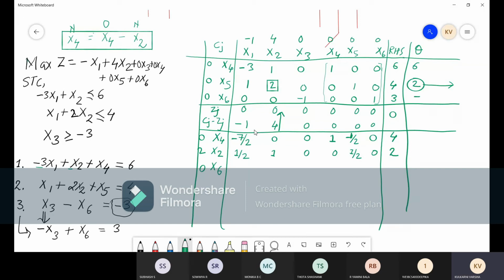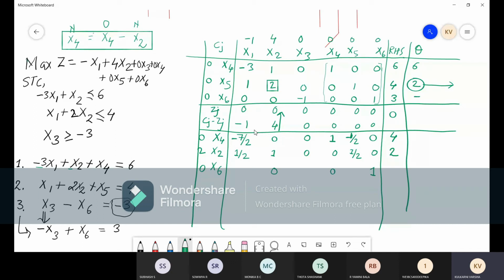Let us go for the X6. Now to get the X6, we have to take the old X6 and we have to take X2, right? And where we should get the zeros and where we should get the 1: for X6 we should get 1, so here we should get it as 1. For X6 and X2 we should get 0. For X6, X4 we should get 0, right?